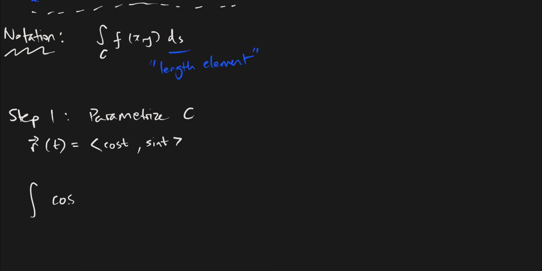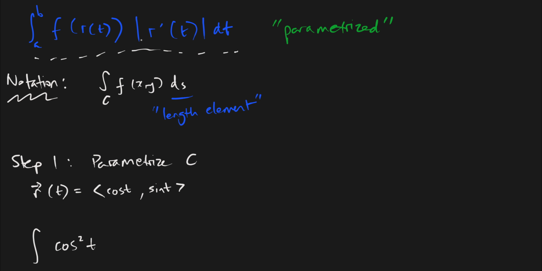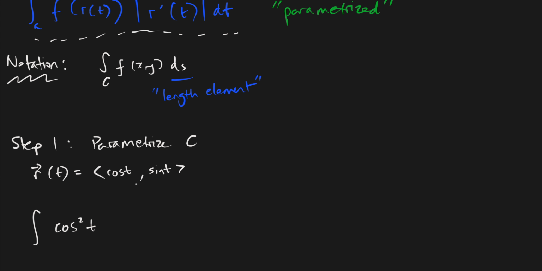So we have cos squared t multiplied by the length of r dash t, which is: cos goes to minus sine t, sine goes to cos t, and that is with respect to t.